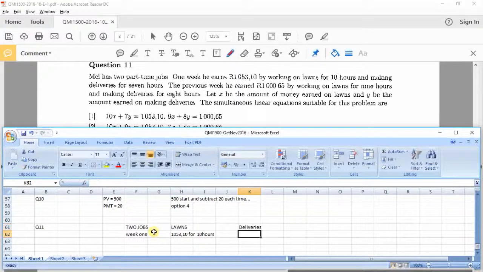See, with a question like this, you need to visualize what's happening. How much? 7 hours.